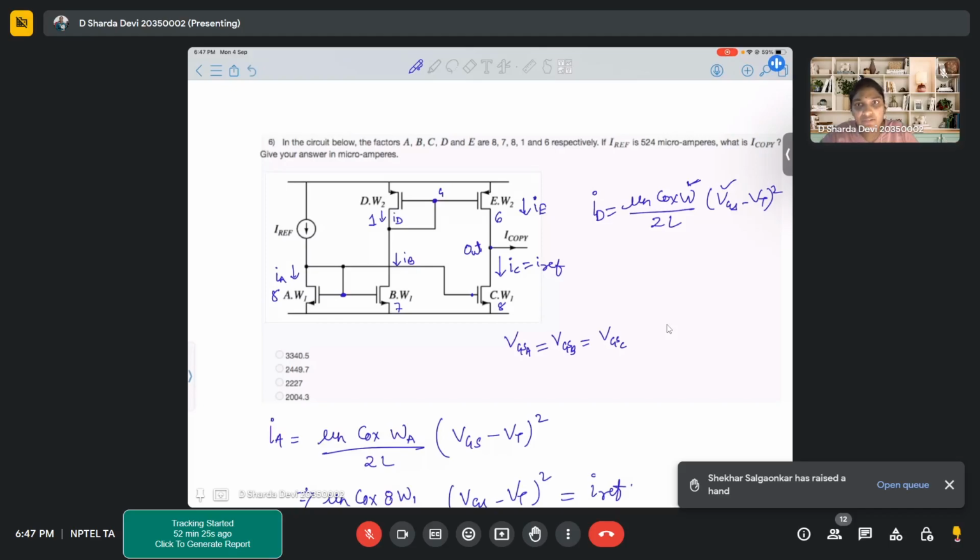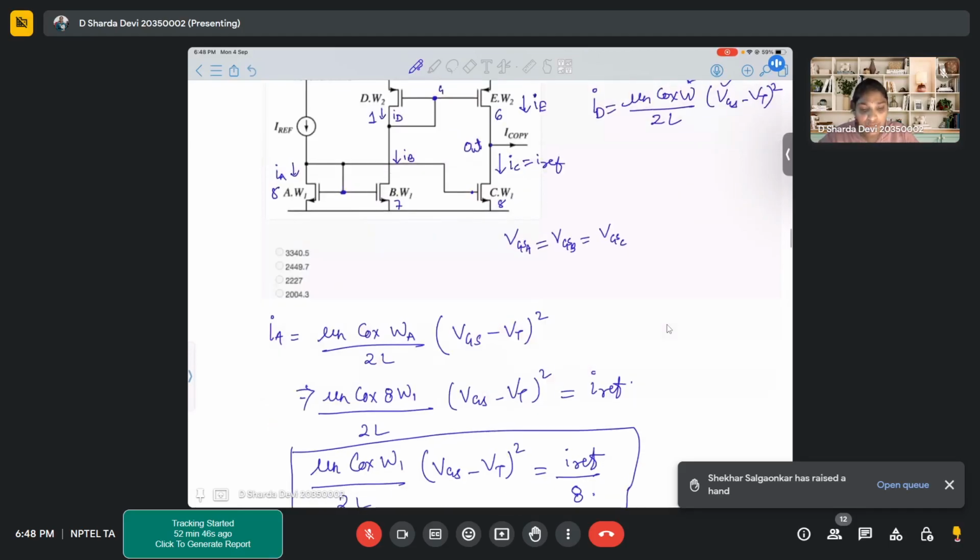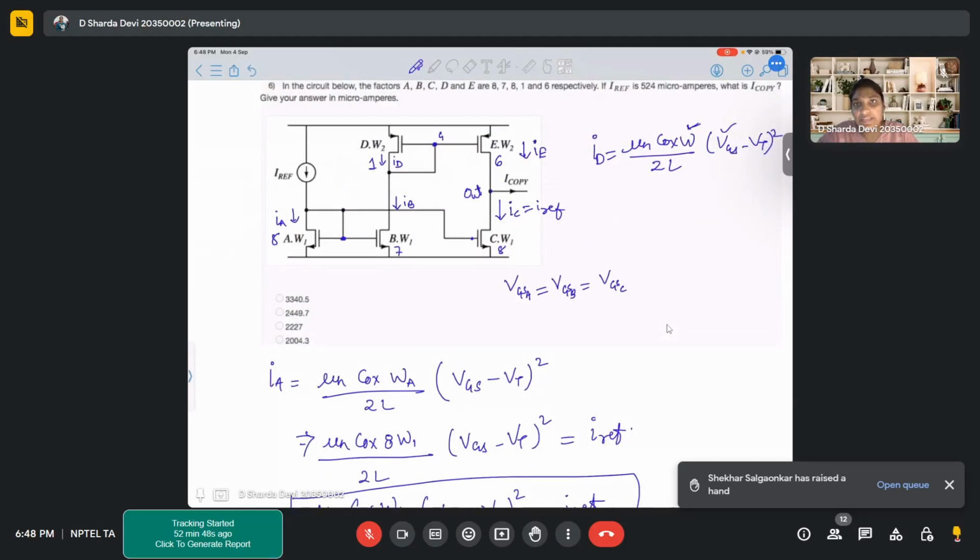But if any one of these factors changes, your current will definitely change. So transistors A and C are perfectly matched with respect to W as well as VGS. That's why we said IA is equal to IC. And then we calculated the value of IB. Why did we need IB? Because we wanted to calculate the IE current.